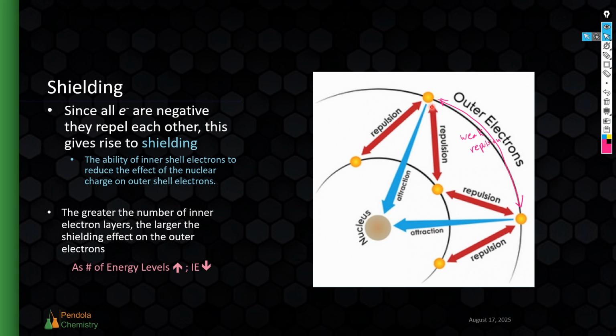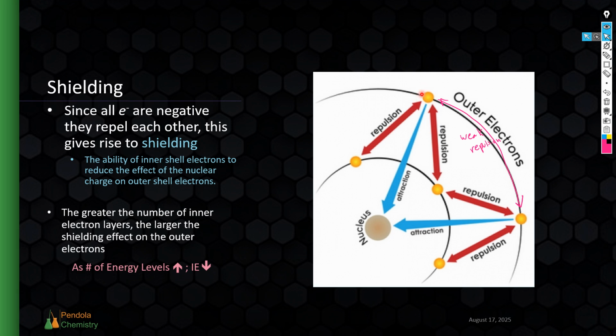So it's a tug of war. The electrons on the outside and even the electrons on the inside are all attracted to the nucleus because of their opposite charges. However, the electrons also repel each other, and electrons in inner energy levels are going to have a very strong repulsion to the outer electrons.